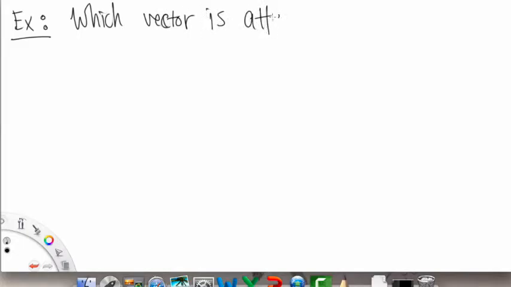Okay? Alright, so now let's do another quick example of associating a vector with a point. So let's see, we have our example, and it's going to ask which vector is attached, or associated, either way, attached to P equals 1, 2, 4.